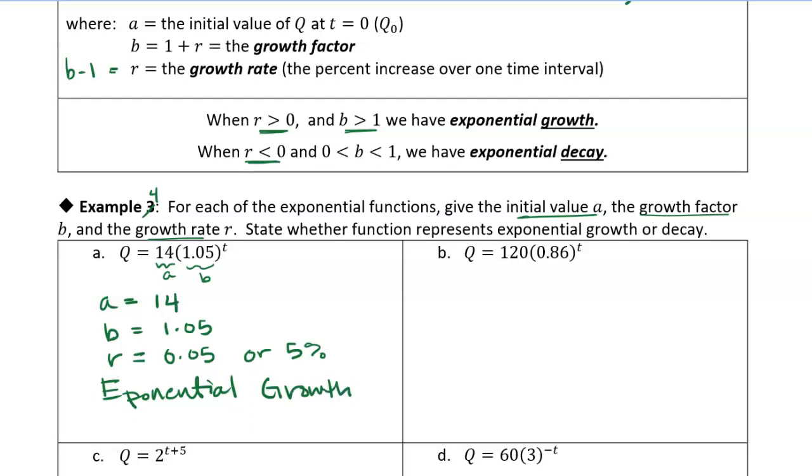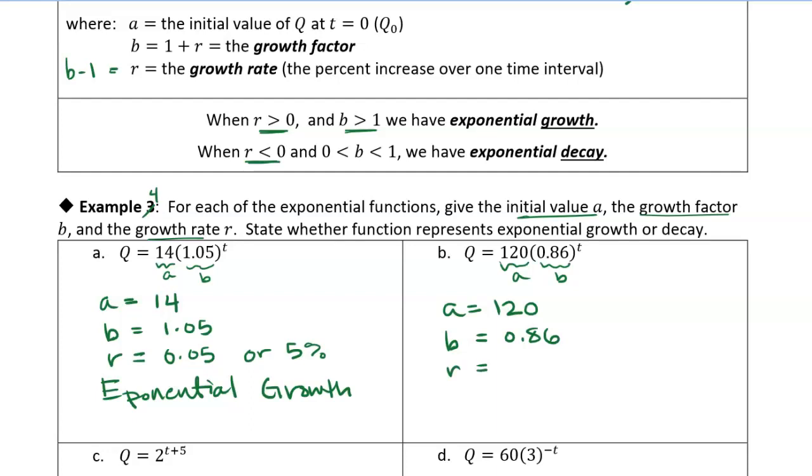All right, for this next one, again, it's pretty straightforward. We can compare it to the standard form, and we can see that this is our a value and this is our b value. And so a is equal to 120, and our growth factor b is 0.86. Now our growth rate is b minus 1.